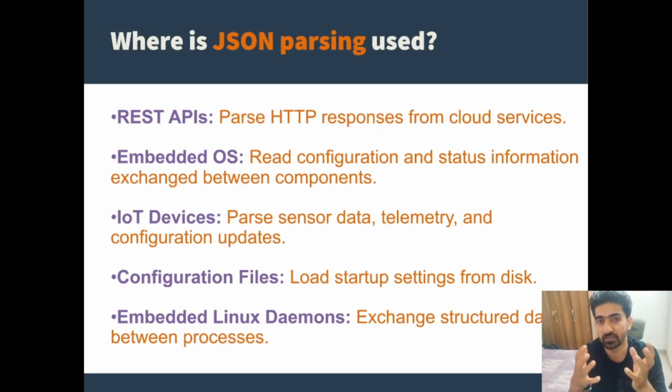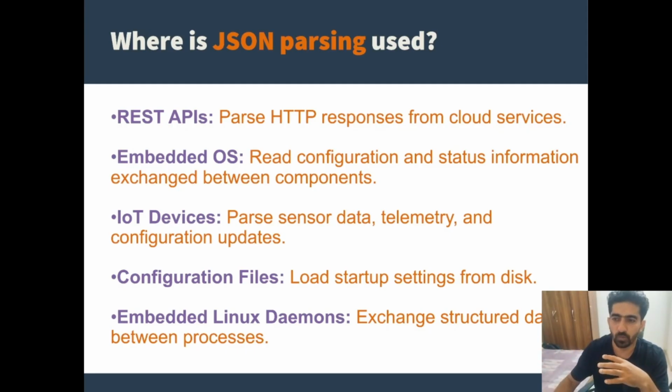We have sensor data that is pushed to the server using JSON format, and we get configuration updates as well. Also, configuration files, startup, and daemons which exchange their data using the JSON format. So these are the various ways we can use JSON parsing directly.